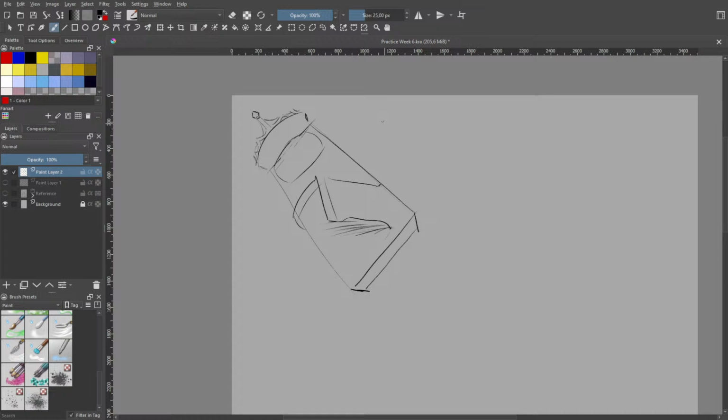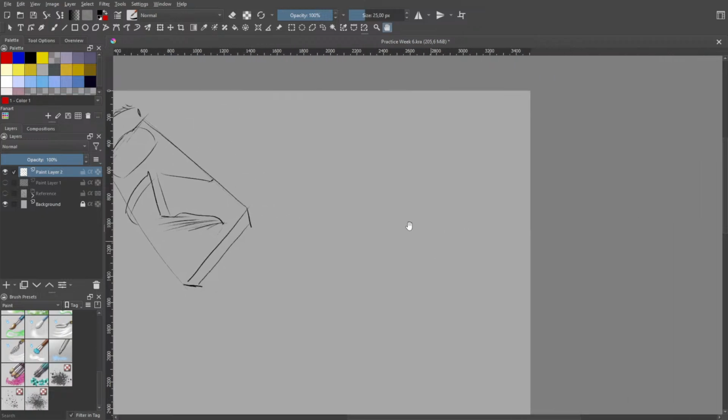Trying to observe where you bend your lines to give form and capture form, rather than just doing a bunch of straight lines.